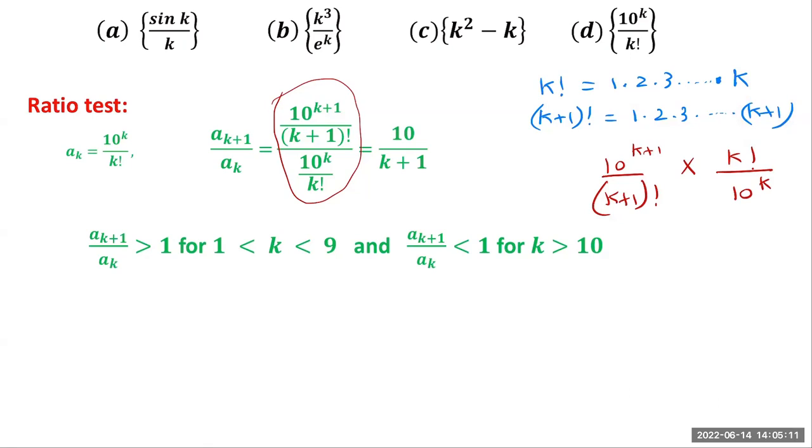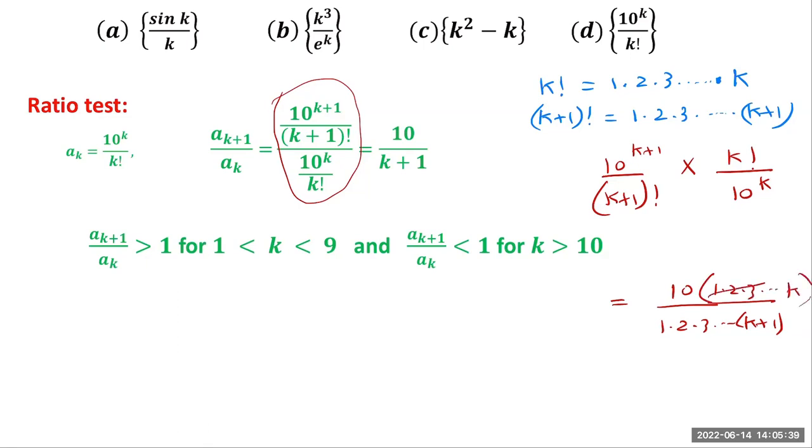First of all, notice that there is a cancellation here. You have 10 to the power k here and 10 to the power k plus 1 here, so 10 will be in the top. In the bottom, you have 1 times 2 times 3 times all the way up to k plus 1, and in the top, you have 1 times 2 times 3 times all the way up to k.